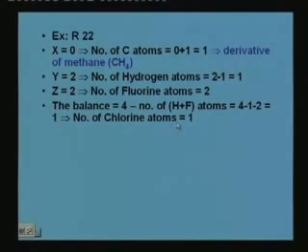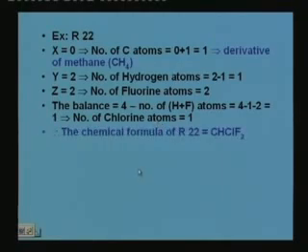So the number of chlorine atoms is 1. That means R22 has 1 carbon atom, 1 hydrogen atom, 2 fluorine atoms and 1 chlorine atom, so its chemical formula is CHClF2. Once you know the basic rule, just by looking at the number you can get its chemical composition. This is the advantage of this kind of number system.